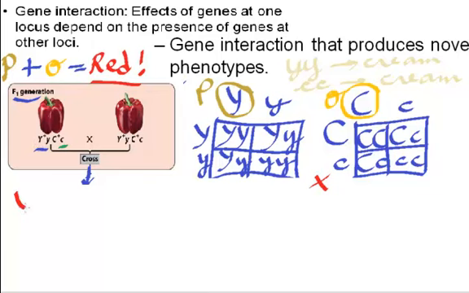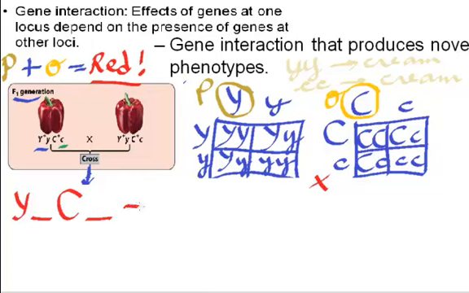So that's going to be big Y and something else, which doesn't matter, because if one of these forms is being expressed, the other one can be homozygous dominant or it can be the recessive. Doesn't matter. Now, for our C alleles here, in order to have the red expressed, we need to have a big C. And also on the second place here, it doesn't matter what goes in there. It can be the dominant allele or it can be the recessive allele.